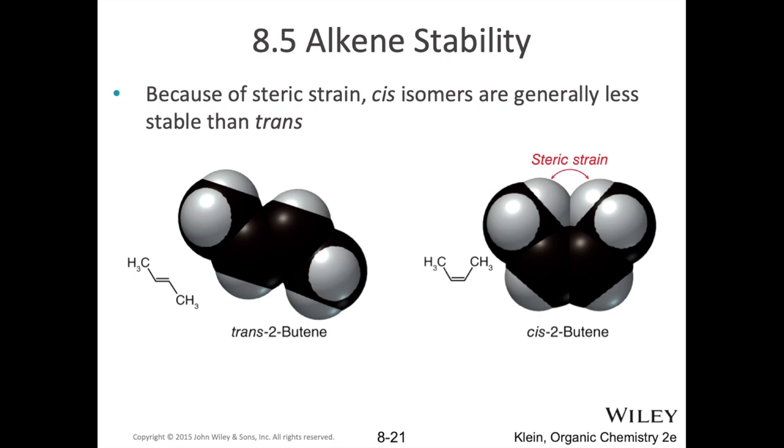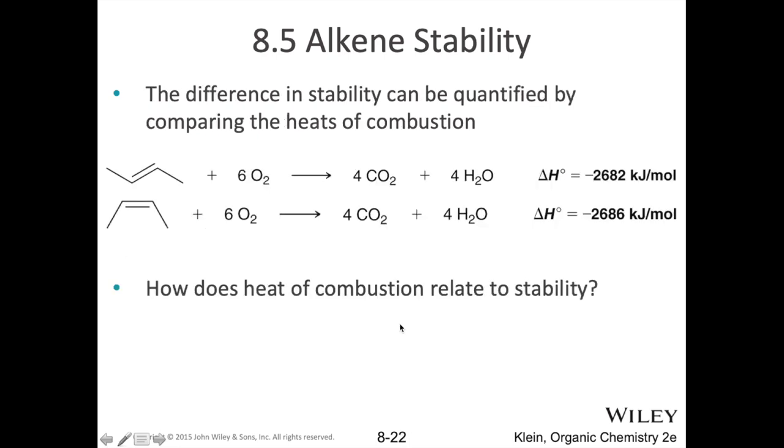You can see that a little bit here in the example of cis-2-butene, where you've got strain between the two methyl groups on both ends of your carbon chain. If you look at a space filling model, there's some steric strain from these groups clashing with each other. And we don't have that problem with the trans isomer.